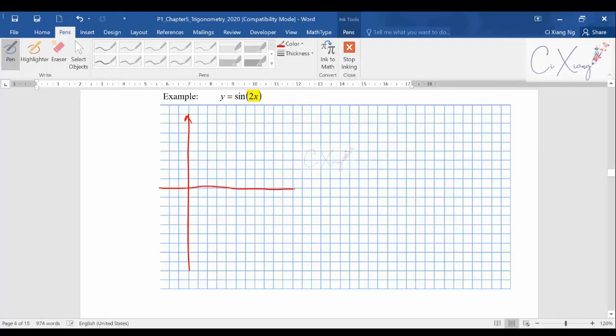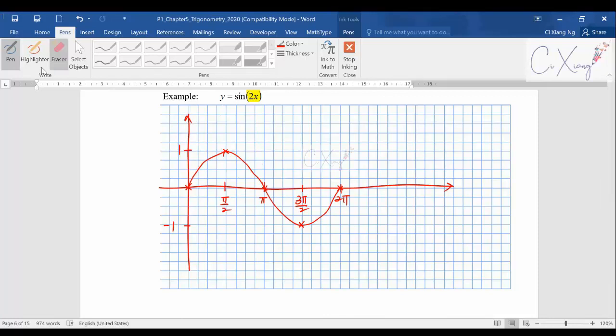I'm still using the same ratio here, and I have 1 and also -1. I draw sine x first, so the original graph will look something like this. Okay, so this is the original graph that we have.